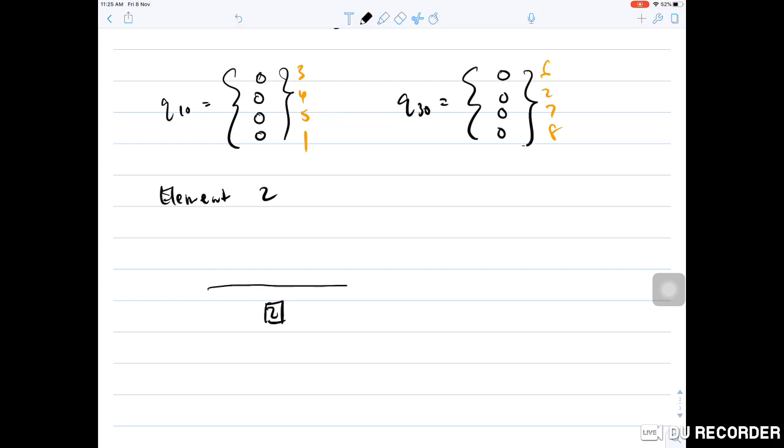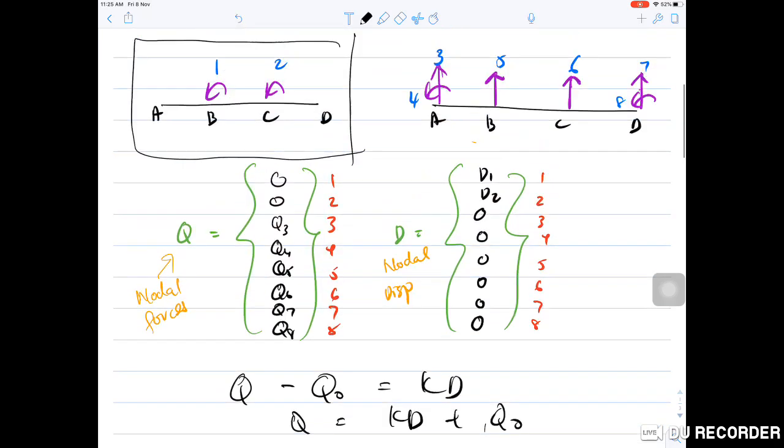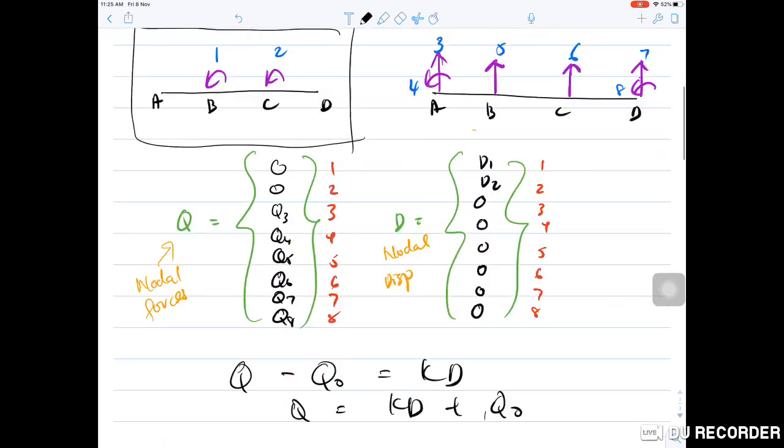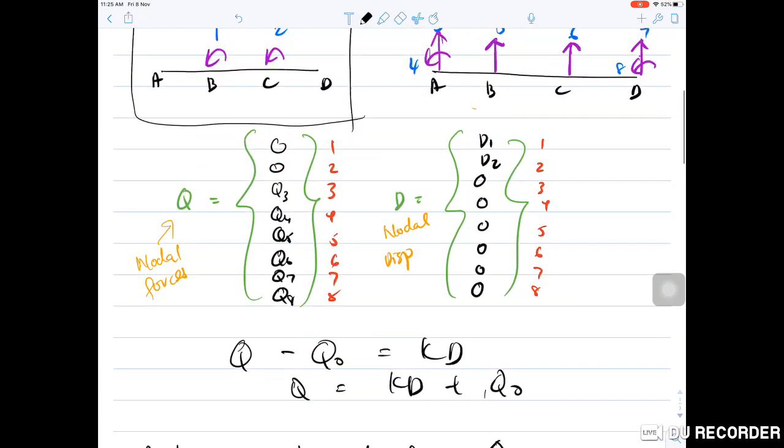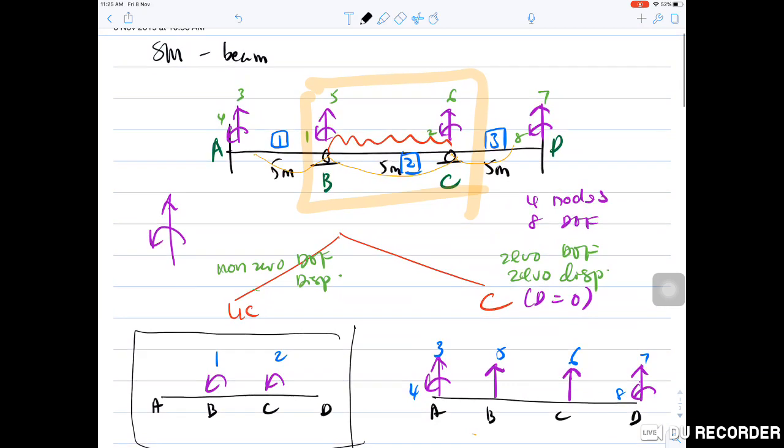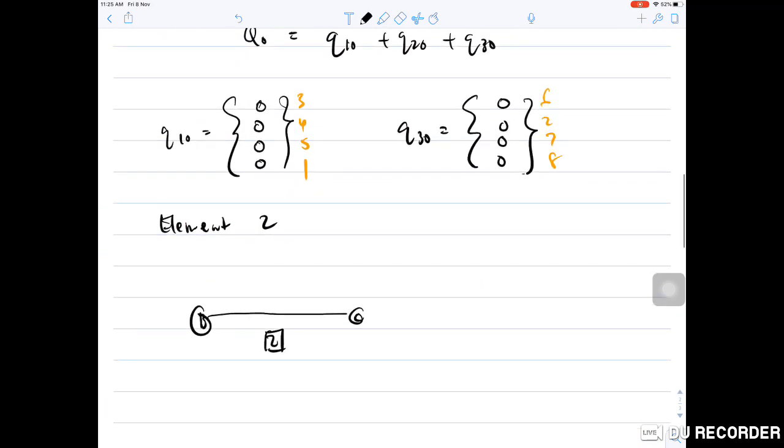At element 2, the nodes are B and C. So this is B, this is C. Then the labels are 5 1 6 2. For B, the arrow is always to the right side, so we don't have to put it.